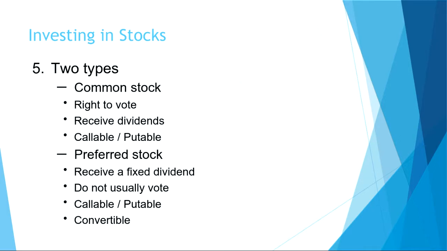Right. We have preferred share as well, right? Preferred share has the characteristics of both debt security and the common shares. Of course it receives dividend, but this dividend is fixed, right? So if you have a preferred stock, you know that you will receive a fixed dividend no matter what happened to the profit of the company.